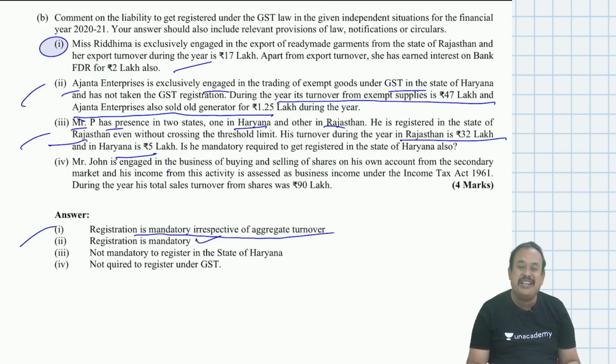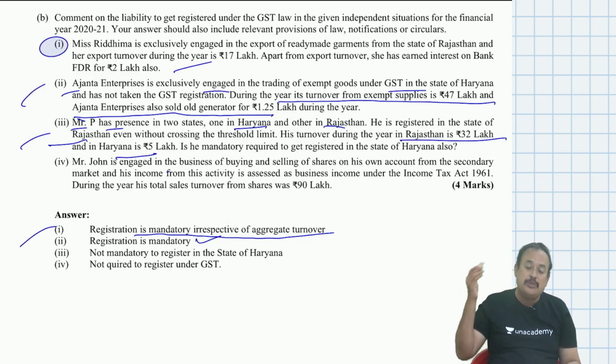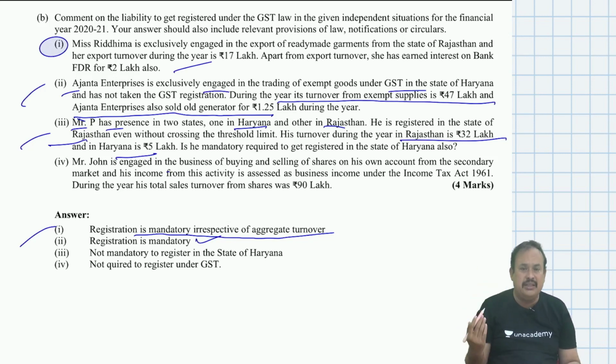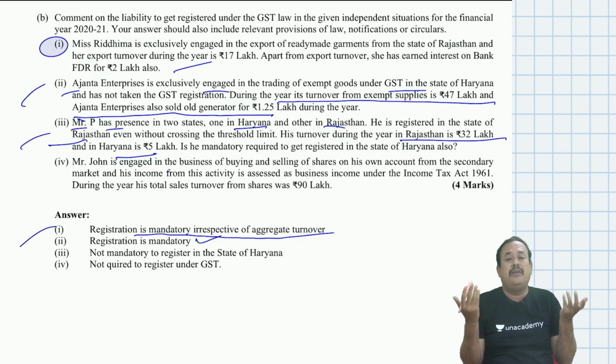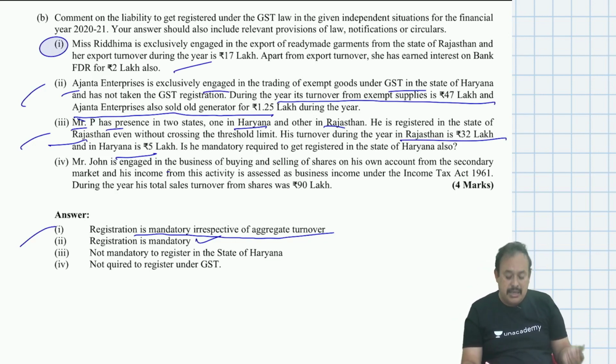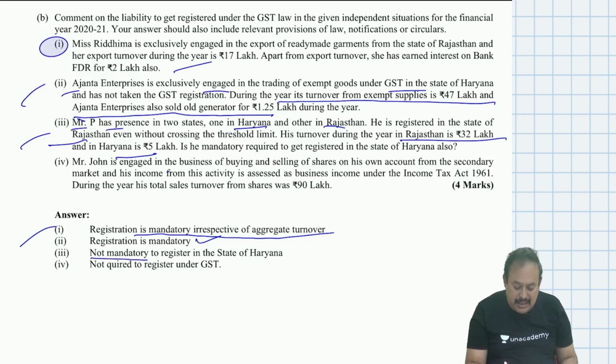What is the limit for registration? 40 lakhs for supply of goods. In that case, it is only 37 lakhs. In spite of that, they voluntarily got registered in the state of Rajasthan, let it have it. But in Haryana, are they required to get registered mandatorily? Since aggregate turnover has not exceeded the 40 lakhs, in the other state not required to be registered mandatorily, not mandatory to register in the state of Haryana.